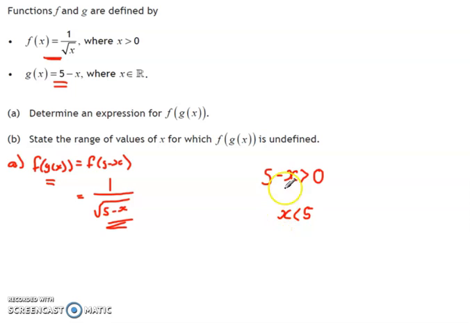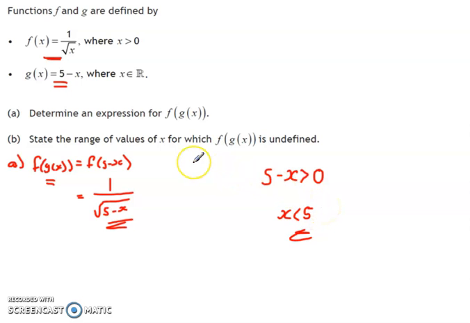If I take anything bigger than 5, let's say 5.1, I'm doing 5 take away 5.1, which is negative 0.1, and I can't take the square root of a negative number. So the function only exists for the range of values where x is less than 5. That answers part B, the range of values for x.